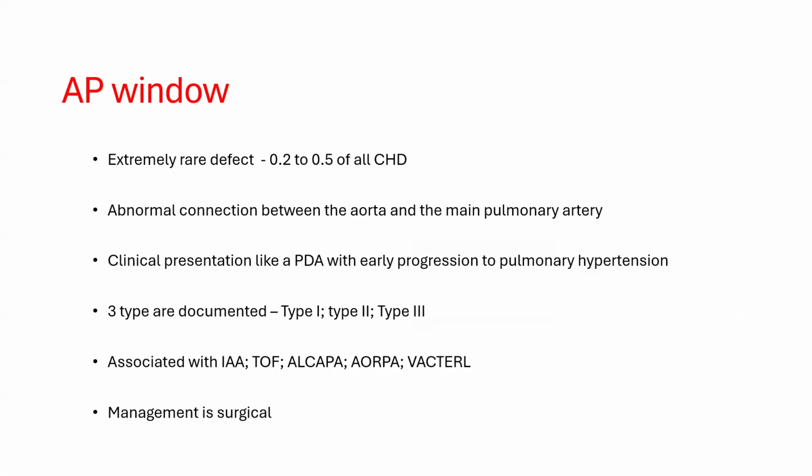It clinically presents like a PDA, but because of the sheer volume and pressure in close proximity with the pulmonary artery, they tend to be pulmonary hypertensive also early. There are typically 3 types. Anytime you see an AP window, you must look out for other conotruncal abnormality. And management is strictly surgical. You don't try to close them with any devices.